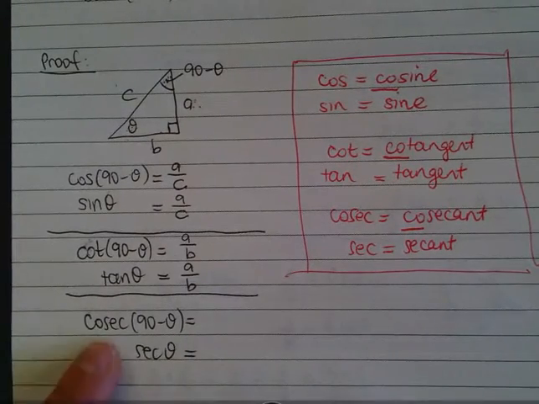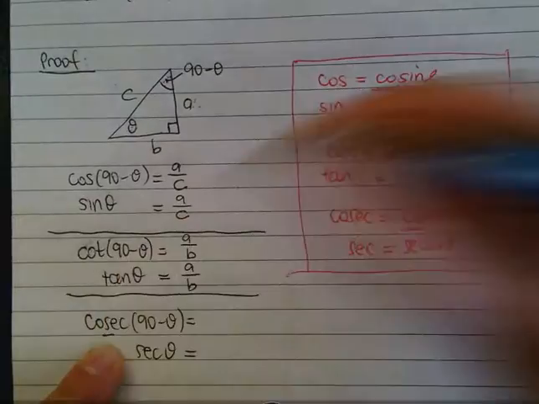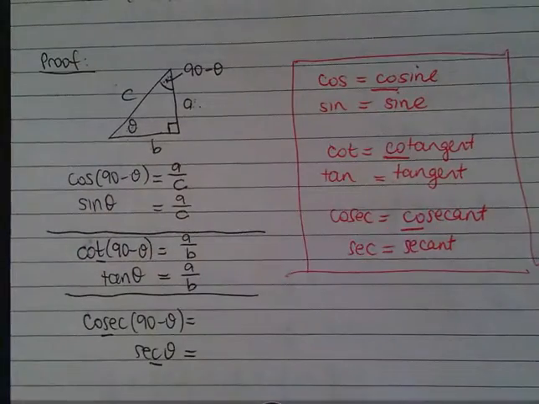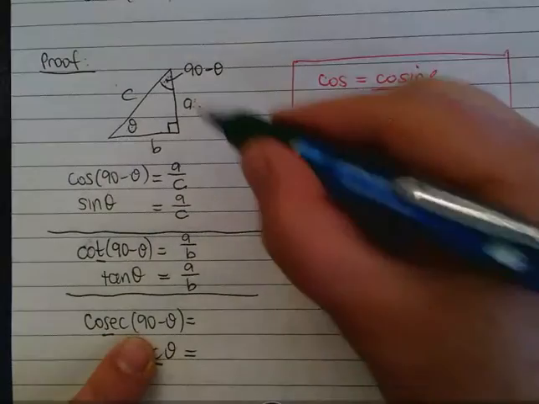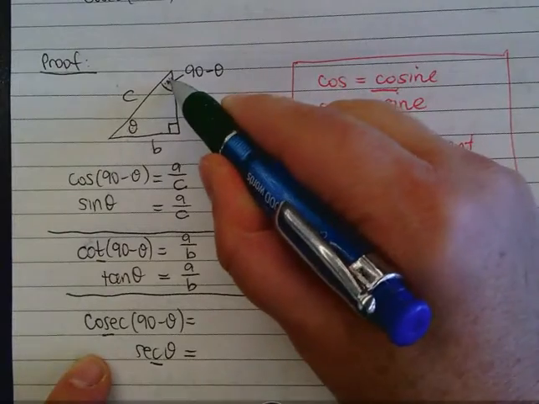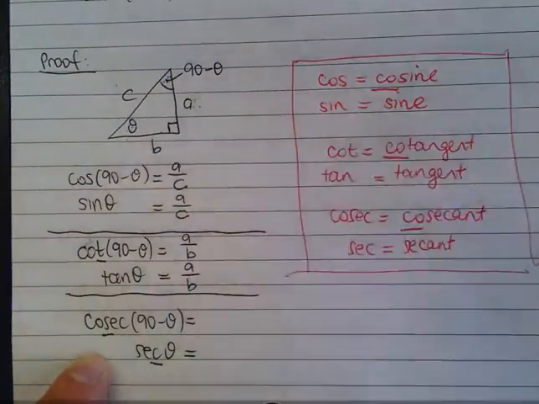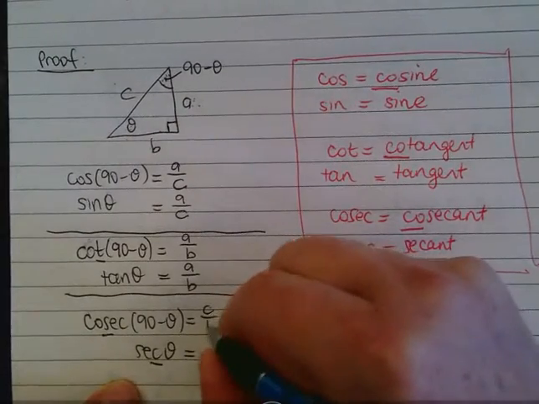Just underline those third letters anytime you see the reciprocal ratios. Just work out what sine would be. Sine of 90 minus theta would be B on C, so cosec is C on B. It's the reciprocal. Are you okay with that?